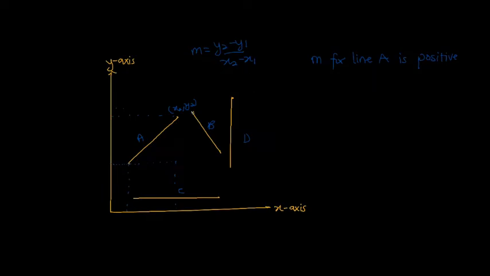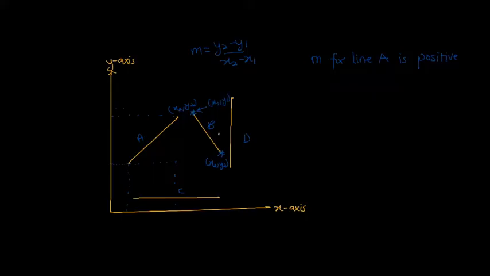Now on the contrary, if you look at B, it is coming down, it is going downhill, so it is starting from here and then ending here. So your x2 y2 is the point over here, and this point over here becomes your x1 y1.